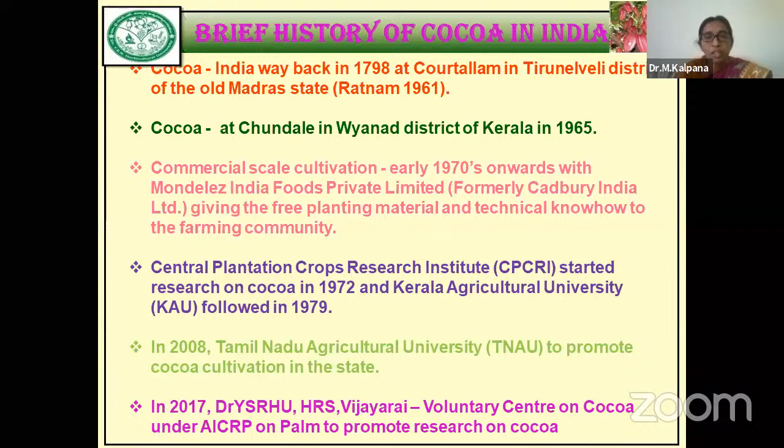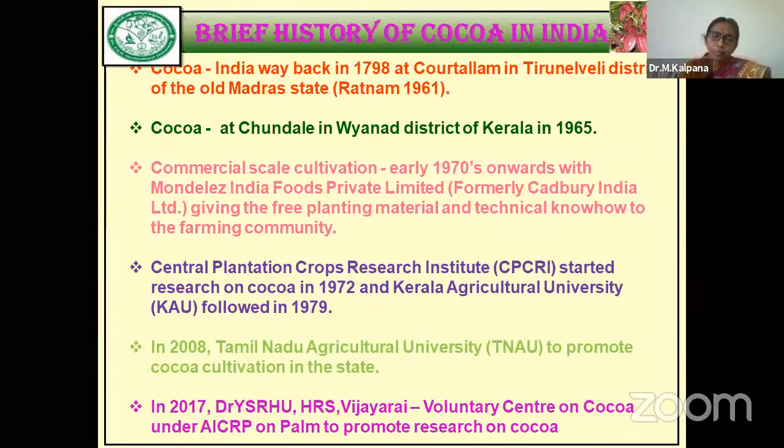But actual commercial cultivation started in the 1970s onwards. Why? Because Mondelez, before it was called Cadbury India Limited, used to supply the planting material and technical knowledge to the farming community. Thus, commercial cultivation started in the 1970s.